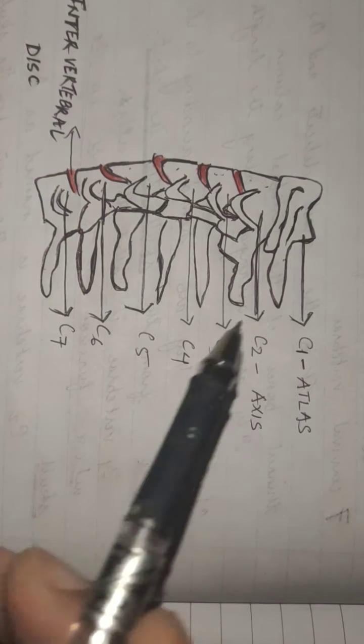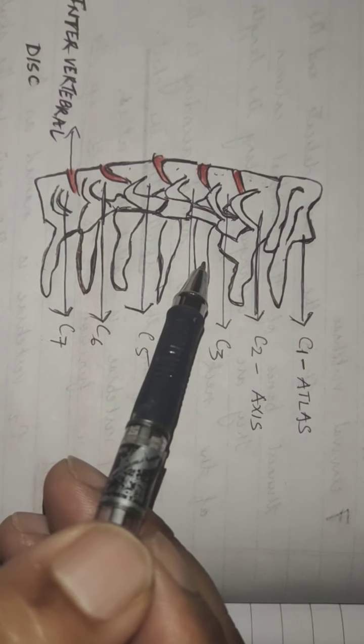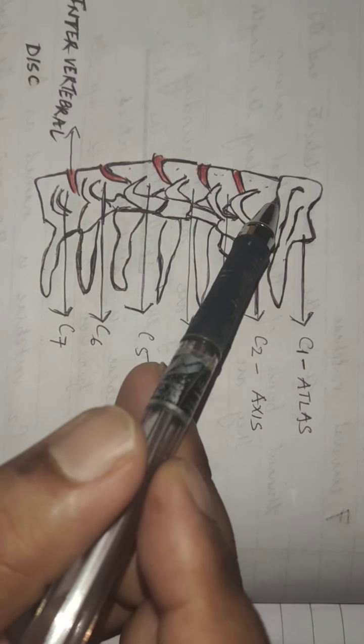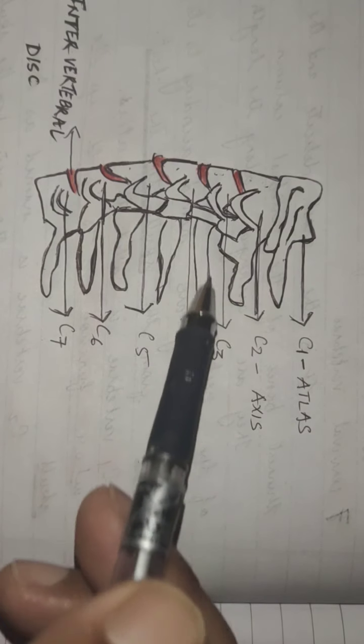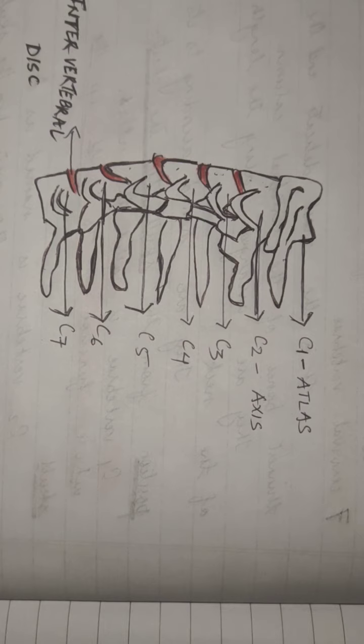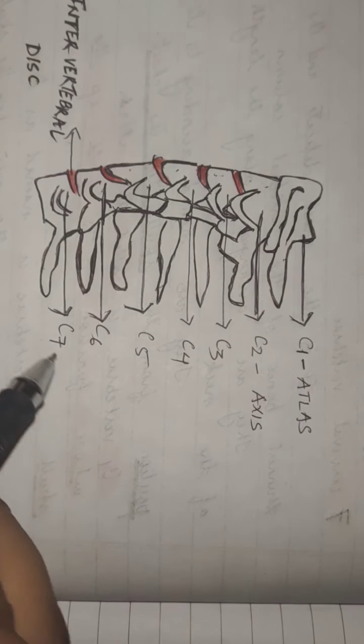Cervical vertebrae are the most delicate and the thinnest bones of the vertebral column, and they are arranged along the neck region.